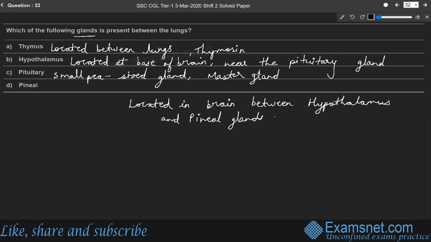Now, the last option is pineal. Pineal gland is located in the epithalamus, near the center of the brain.